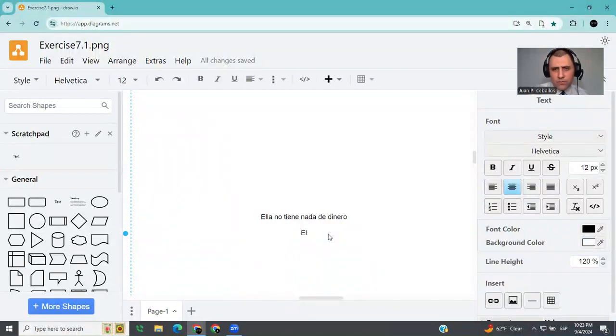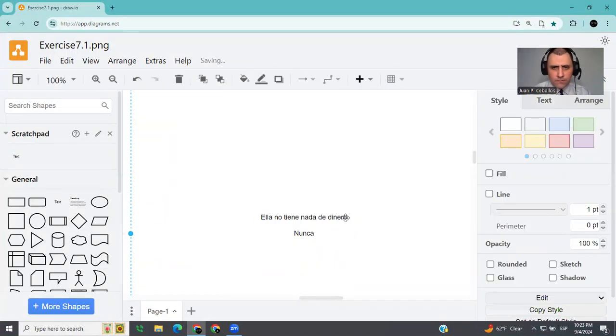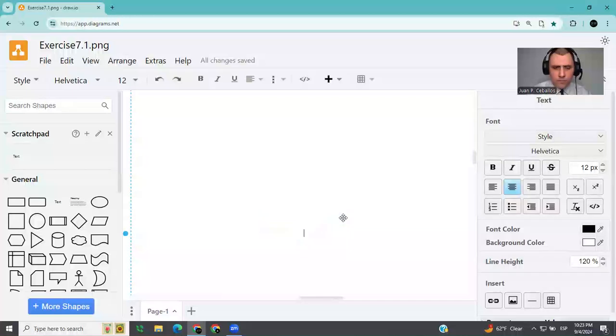A good example of a double negative in Spanish will be mostly with nunca, so never. And let me give you an example here. So, ella nunca estudia.